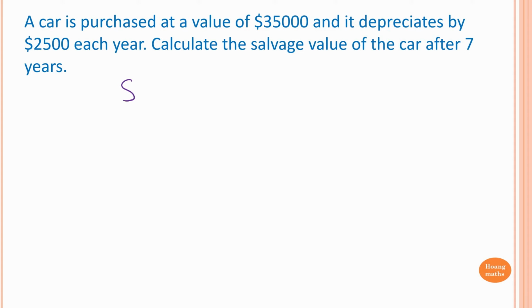We know S, the salvage value, equals the purchase price, that is V naught, minus D, that is the amount of depreciation every year, times the number of years, that is N. In this case, V naught is the purchase price, that is $35,000, minus D times N. D is the amount of depreciation every year.